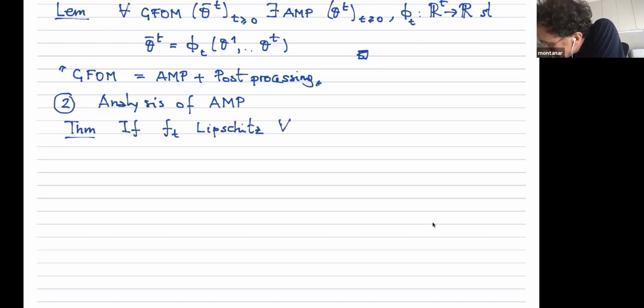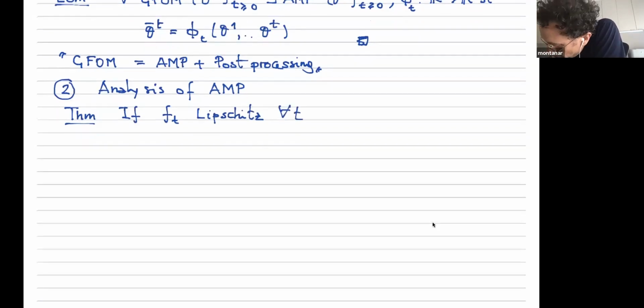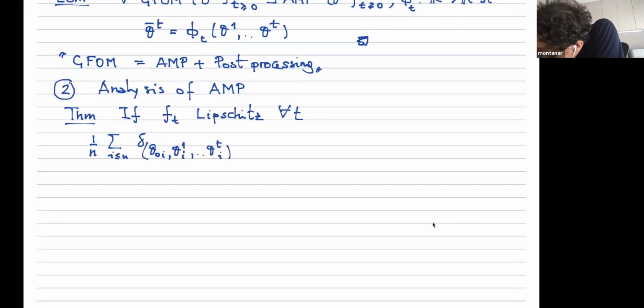Fix any t, and then what you look at is the empirical distribution of the true value and the iterates. And the claim is that this converges to the law of theta. Of course, the true vector converges to theta by assumption, and then a sequence of noisy versions of theta.